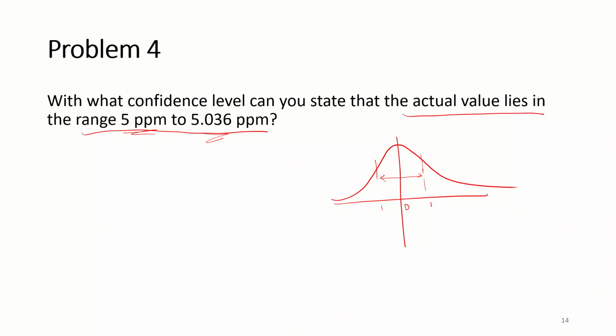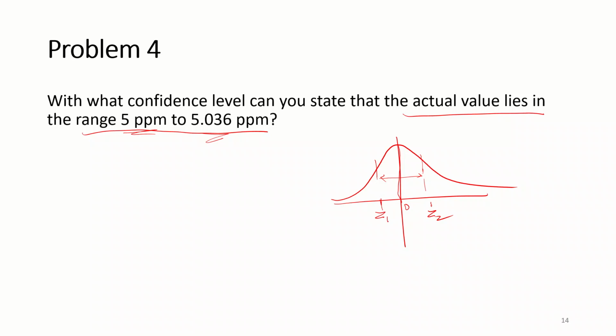Nope. Okay. So essentially there will be this mean, and then we can consider this as z1 and this as z2.